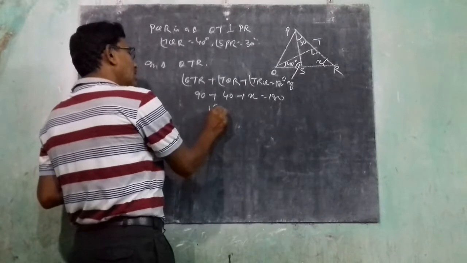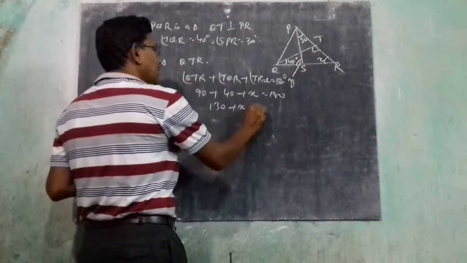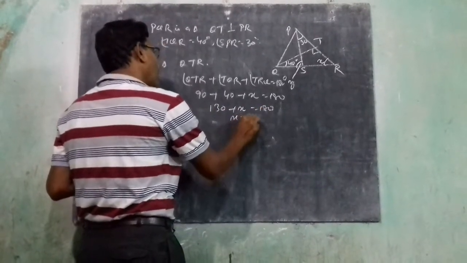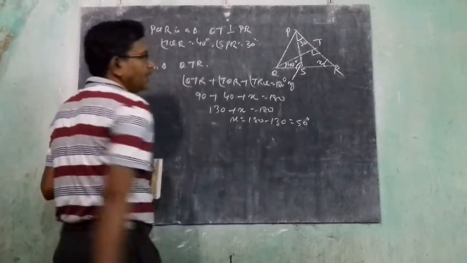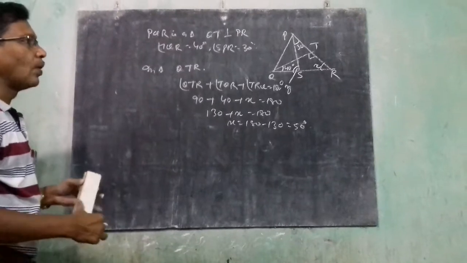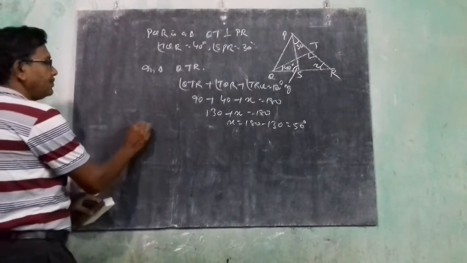Then it becomes 130 degrees plus X equals 180, so X equals 180 minus 130 equals 50 degrees.